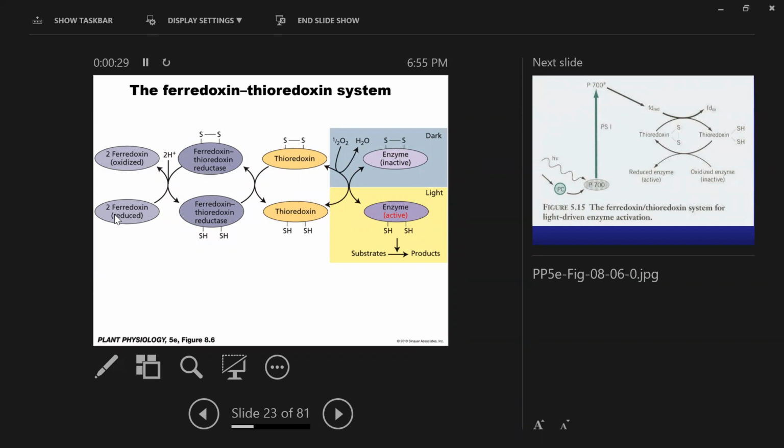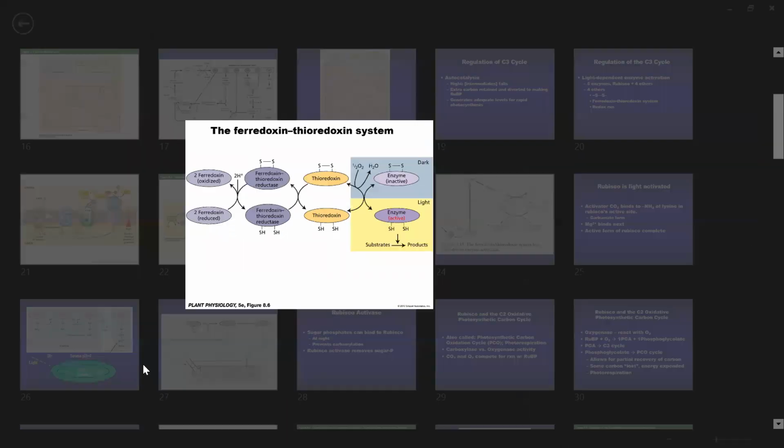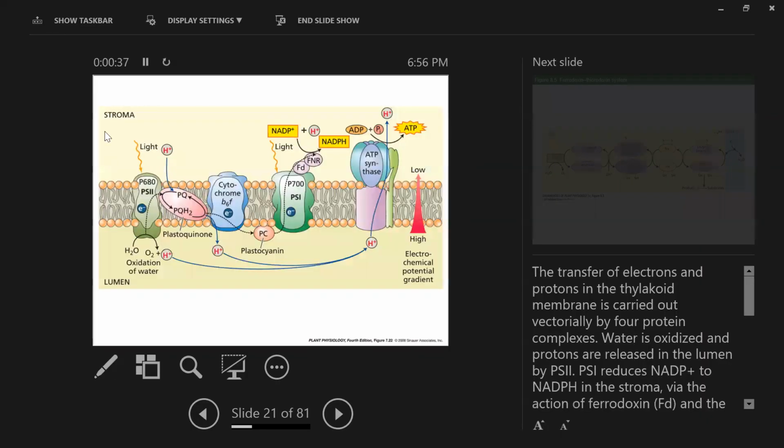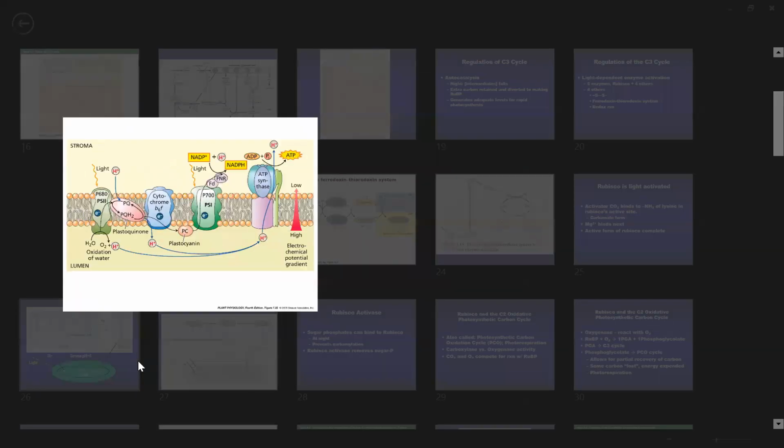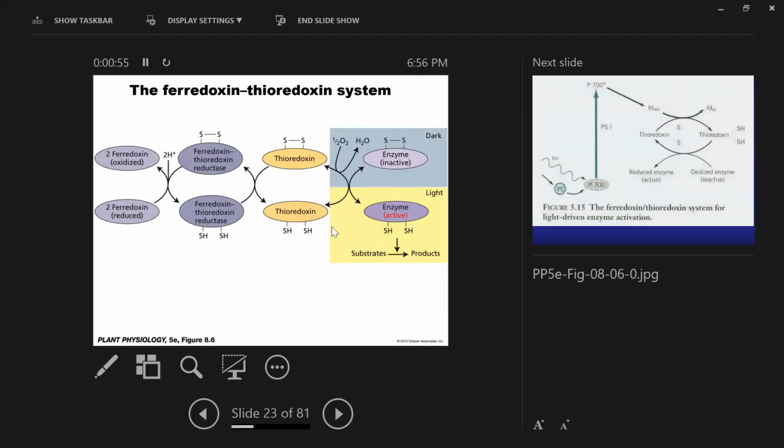How do you get ferredoxin into its reduced state? You have to run the light reactions. Going back to this, here you see the light reaction process and you see ferredoxin as a player accepting an electron. During the light reactions, its job is to give an electron to the FNR mobile carrier enzyme, but sometimes it's needed to run this so that those enzymes in the Calvin cycle can get up and running.